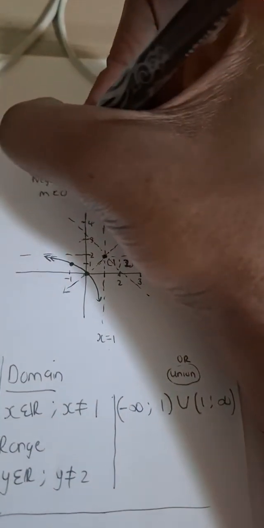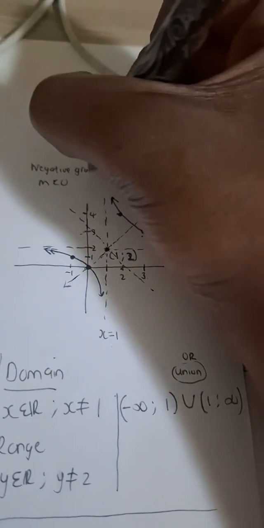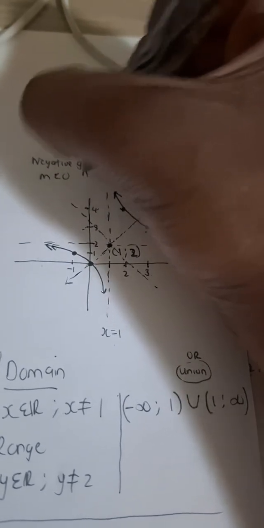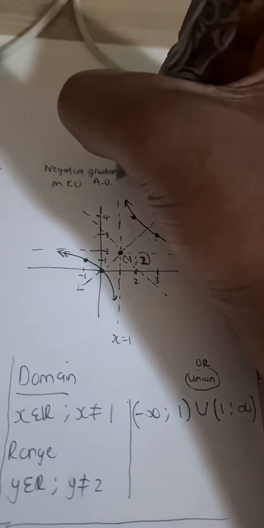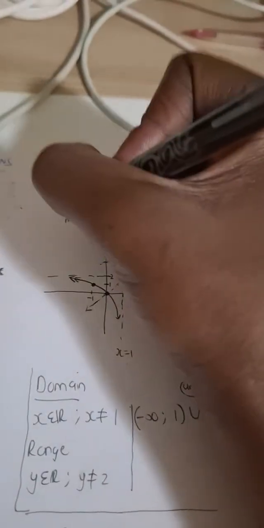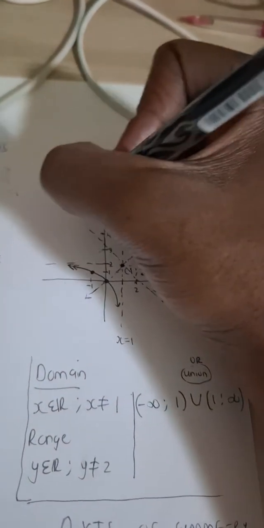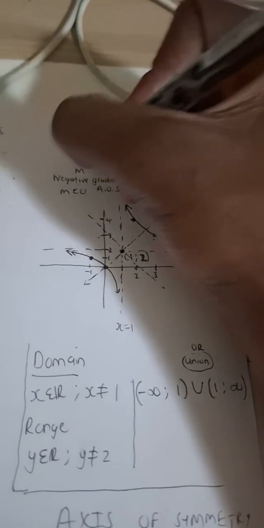So for a negative gradient axis of symmetry, in grade 10, 11, and 12 the gradient will always be equal to -1.